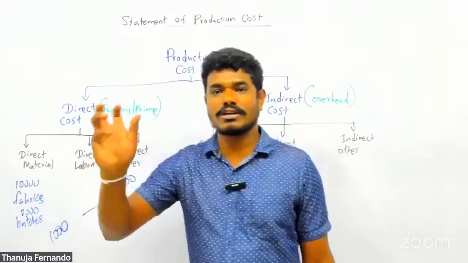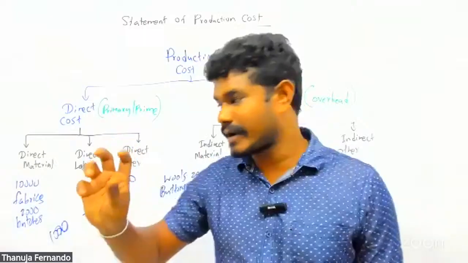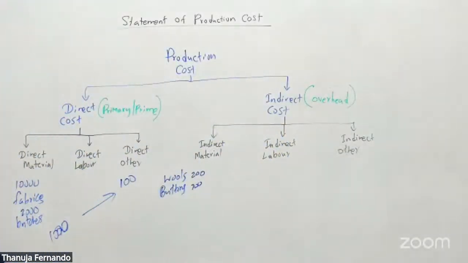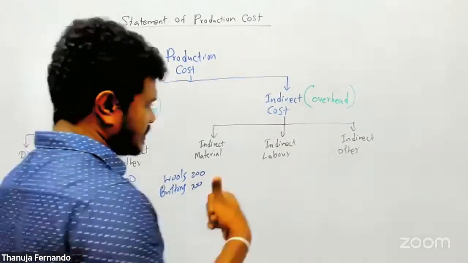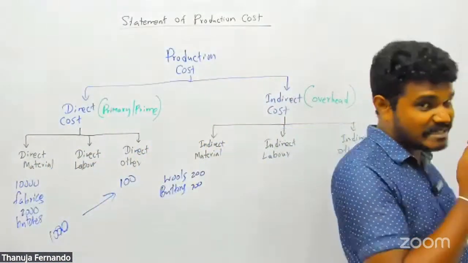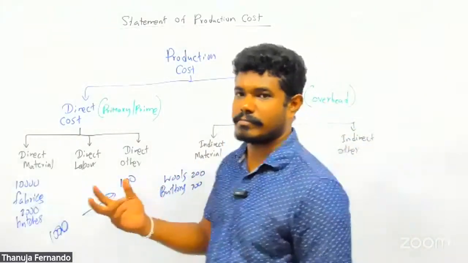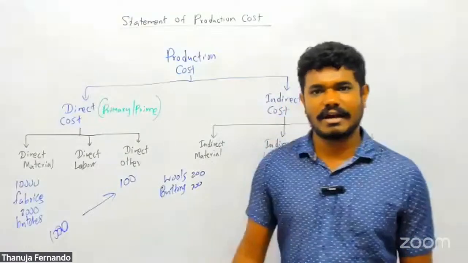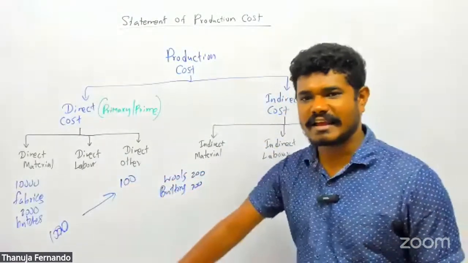Mainly the owner's payments for the product, like royalties for books, fashion designers' charges for design, and patent license payments to the patent holder, we can consider as direct other.